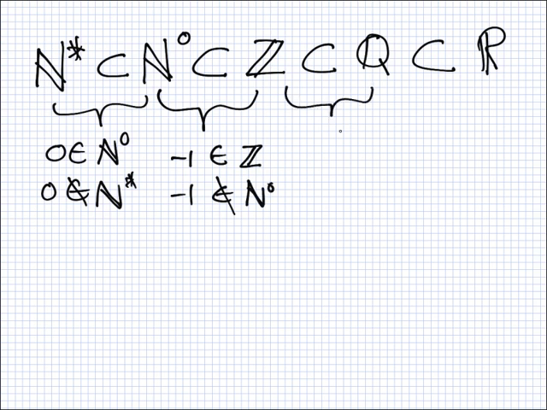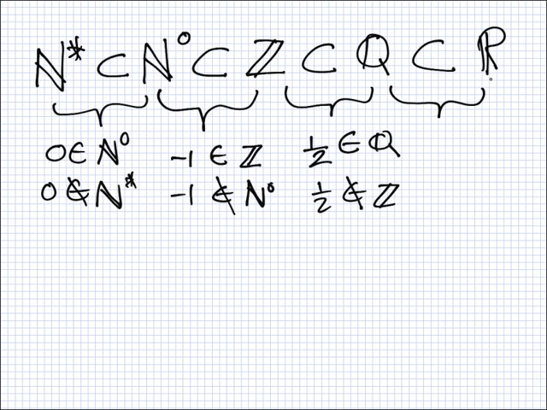Right. Now, next one. If the integers are a proper subset of the rationals, that must mean there's a number which is in the rationals, but not in the integers. Give me an example. 1/2. 1/2 is rational, but 1/2 is definitely not an integer. Right? The last one's a little bit tricky.